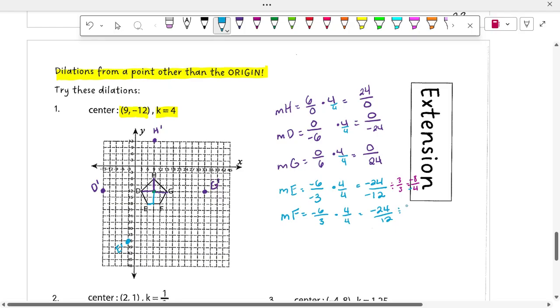So again, if I divide it by 3 over 3, that would tell us how many actual squares that is on this table. So negative 8 over 4. So I would go down 8 and then over 1, 2, 3, 4. So my new figure will look like this.